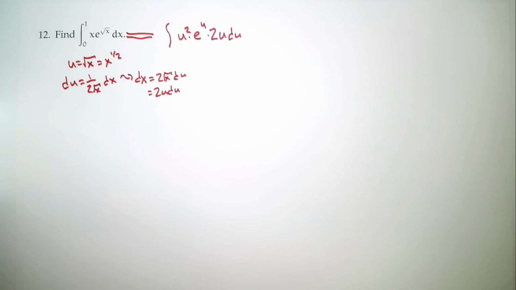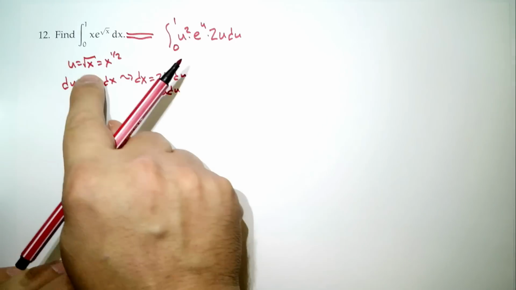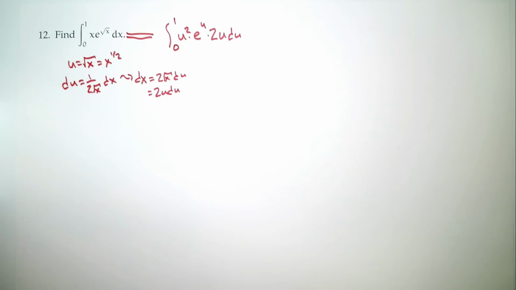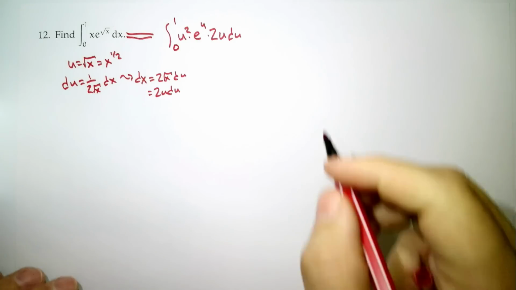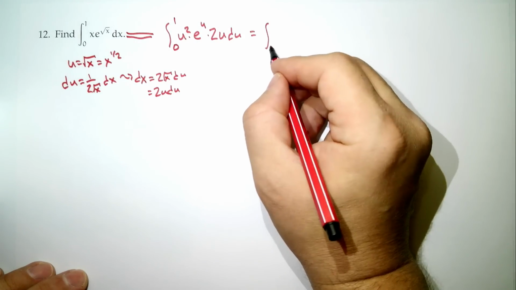Now we're going from 0 to 1, because square root of 0 is 0, and the square root of 1 is 1. We did actually update the bounds, so it looks like we forgot, but no, we did it properly. We want to make sure. Sometimes they happen to be the same, sometimes they don't.